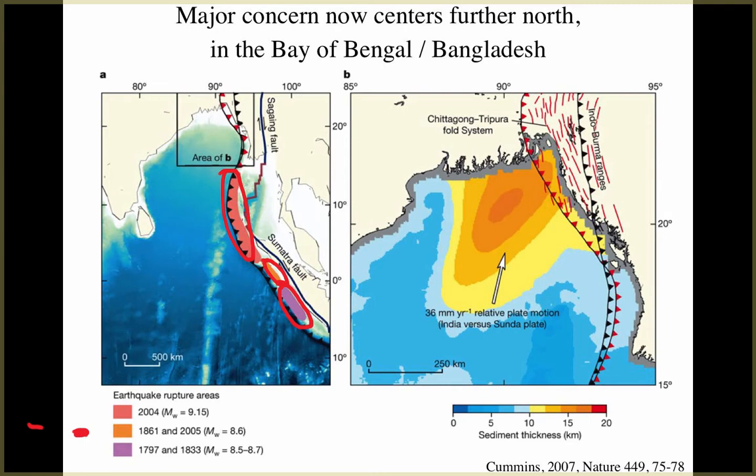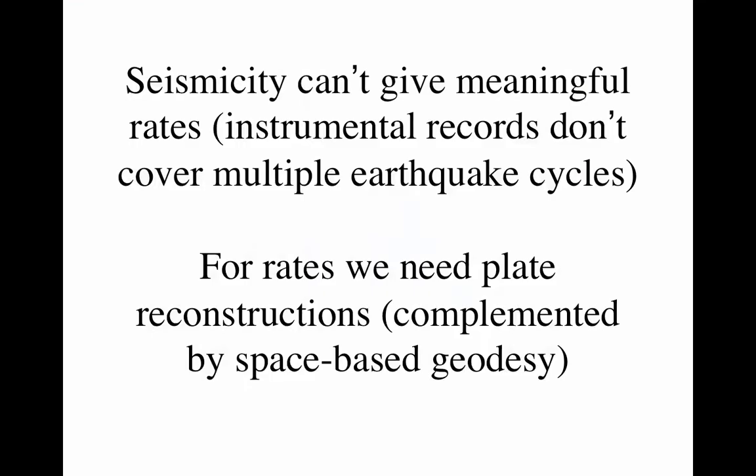But it shows the limitations of using modern seismicity to study tectonics, in that the historical seismic record is less than 200 years old. Seismicity can't give useful plate convergence rates because we only have rare large earthquakes.